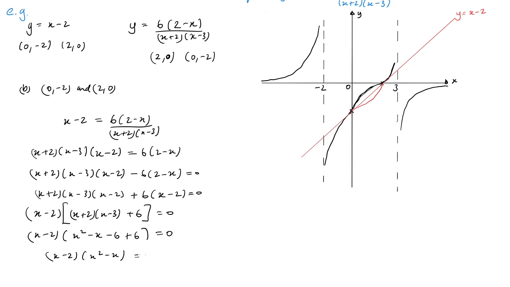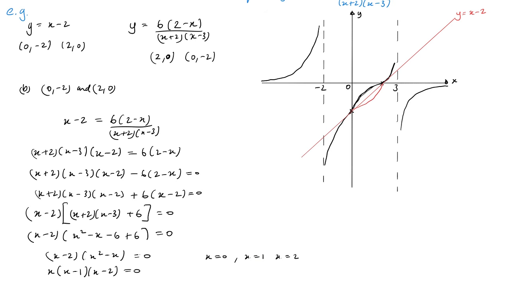So taking an x out, I've got x, minus 1, x minus 2. So this tells me that x equals 0, x equals 1, and x equals 2. Now, I only thought we had x equals 0 and x equals 2. So I've got this other one, x equals 1.